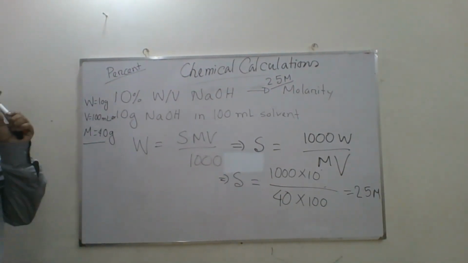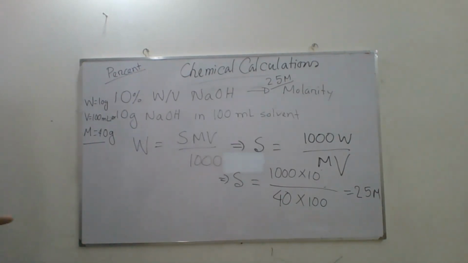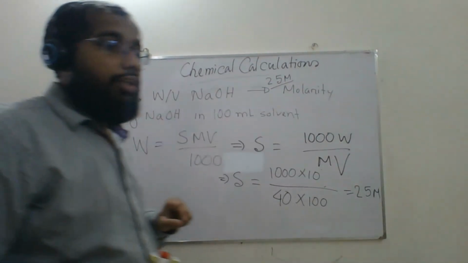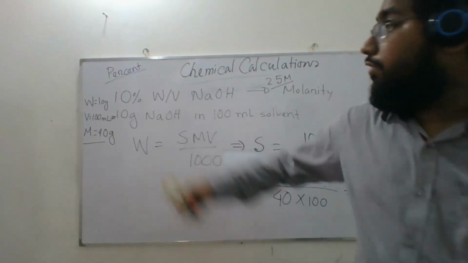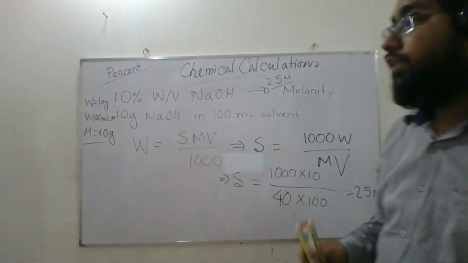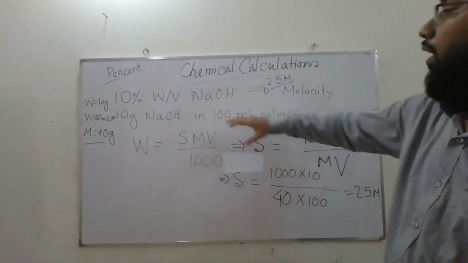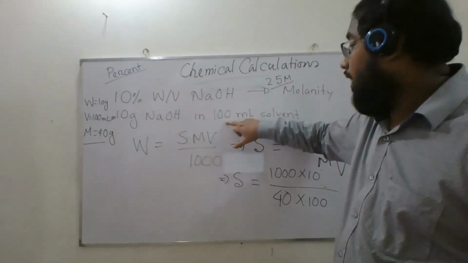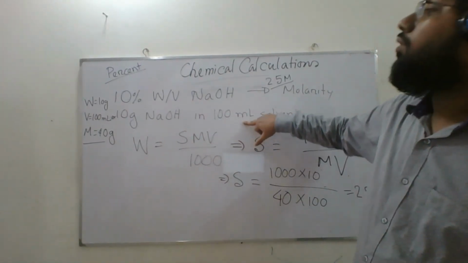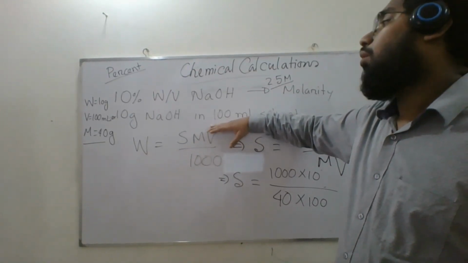Now if it is not weight by volume, if it is weight by weight, then what I need to do, just I need to weigh, so this will be 100 gram. I need to multiply this 100 gram by the density of water.